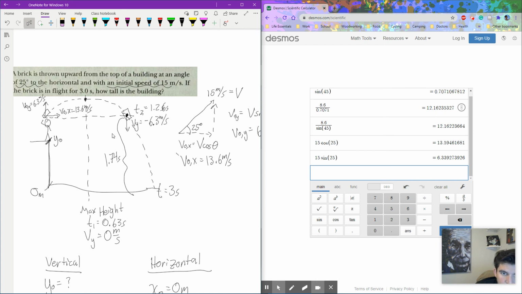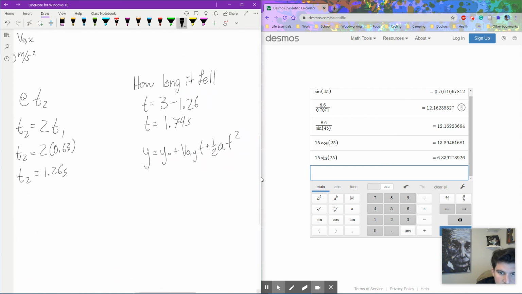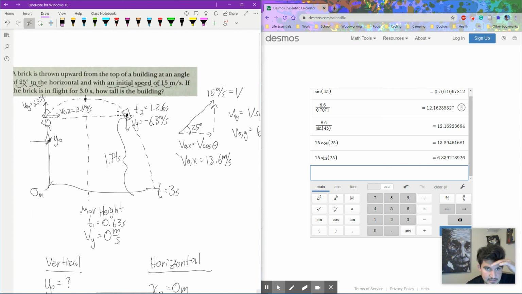So we're going to treat this point as our new initial, because this is the start of our measurement. And our ground is down here. So we're looking at when it lands on the ground, so when its final position is 0, we want to know how high up it was, that initial position at T2.